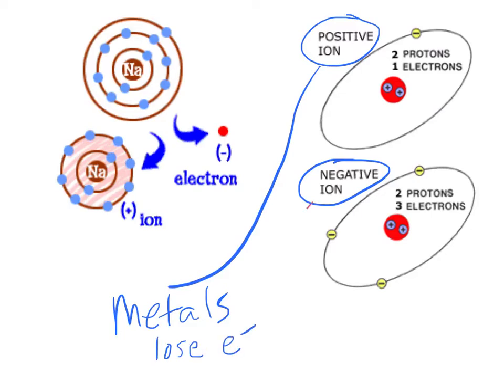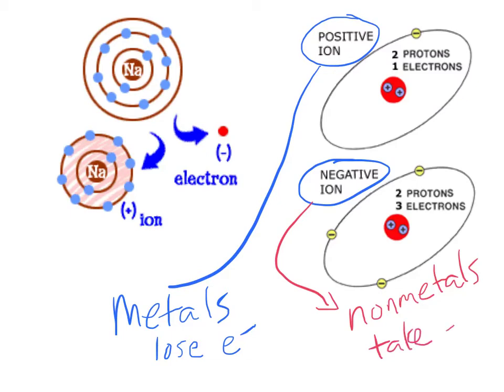Nonmetals become negative ions. They tend to take electrons. So they're kind of opposites. Metals lose electrons, they like to get rid of them. And nonmetals are like, hey, you don't want your electrons, we'll take them.